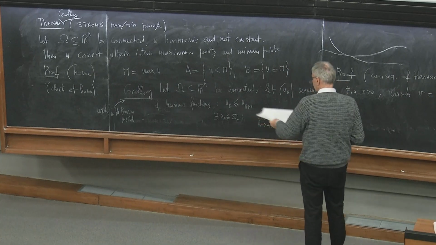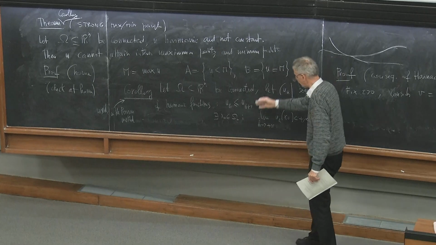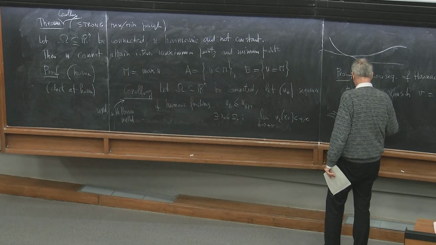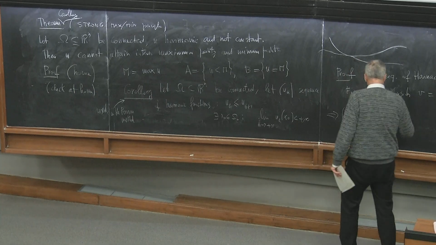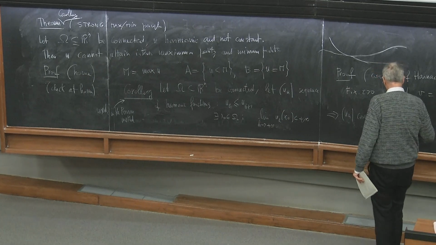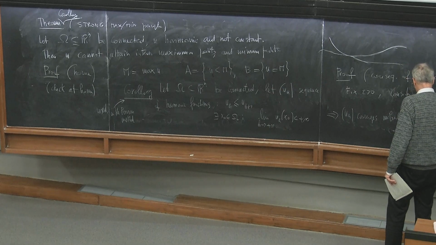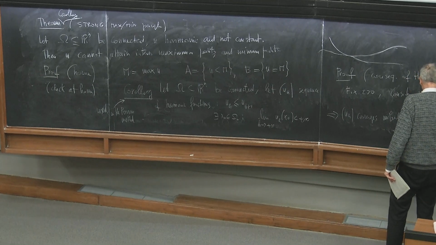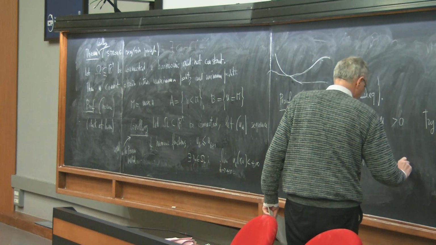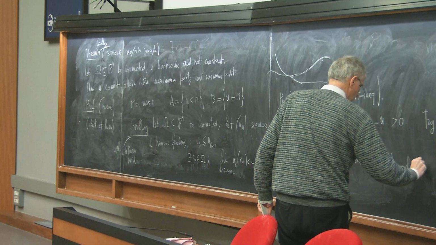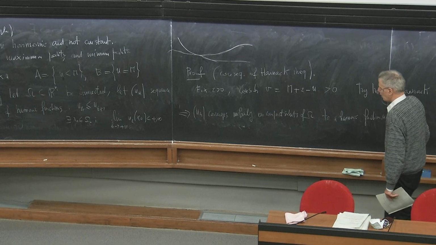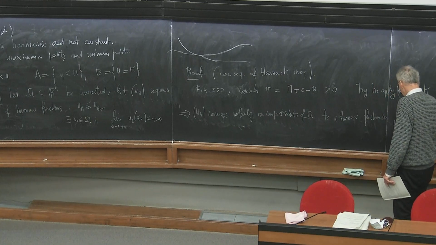Okay, then we have a compactness of this class: U_h converges uniformly on compact subsets of omega to a harmonic function U. Okay, also this I leave you at home.